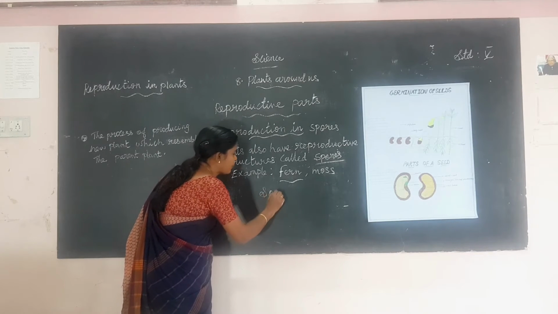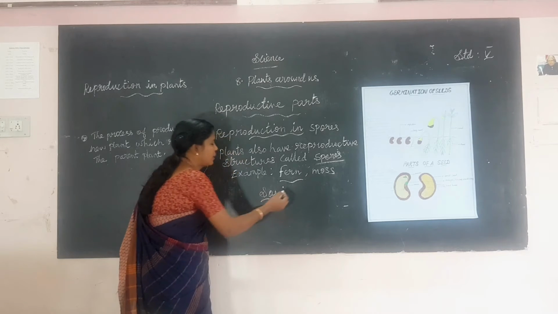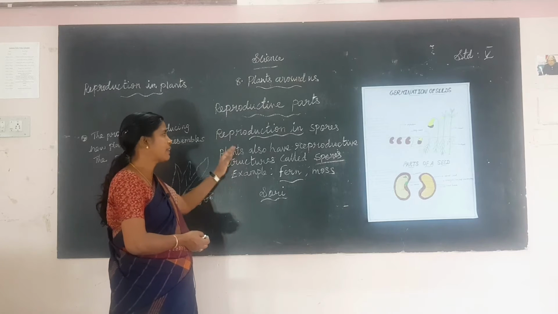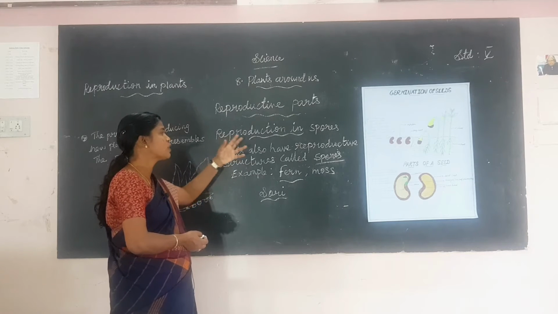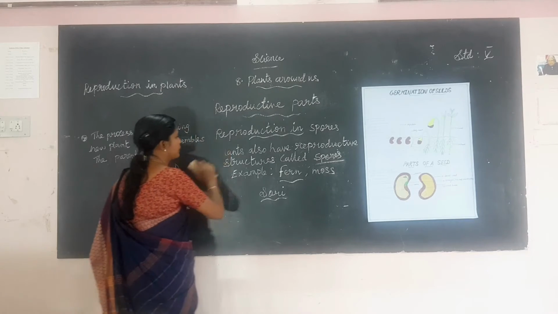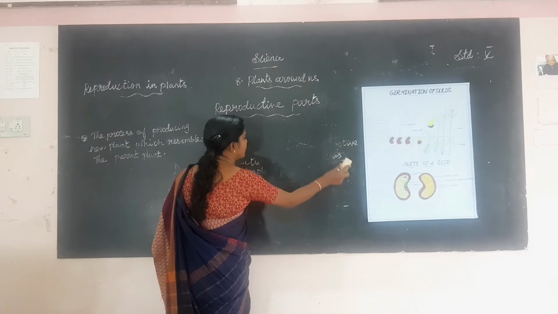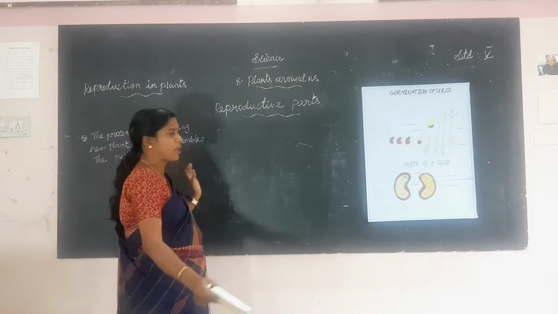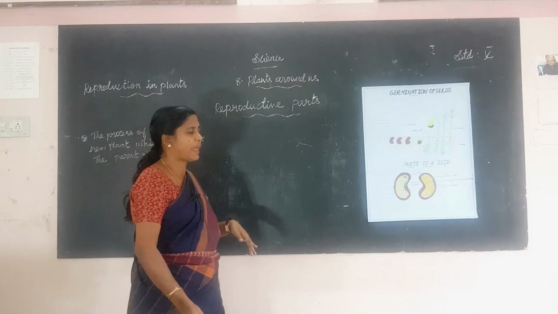So this is reproduction by spores. Next one, the reproductive part of the plant.